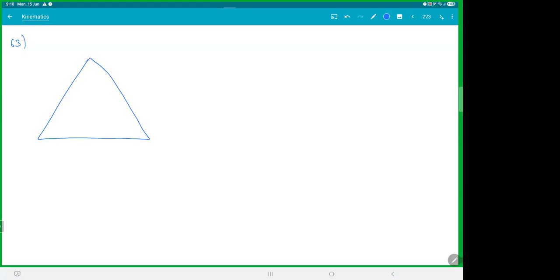So we have three particles here, A, B, C. There are three particles on the vertices of an equilateral triangle of side a. They all are going with speed u.